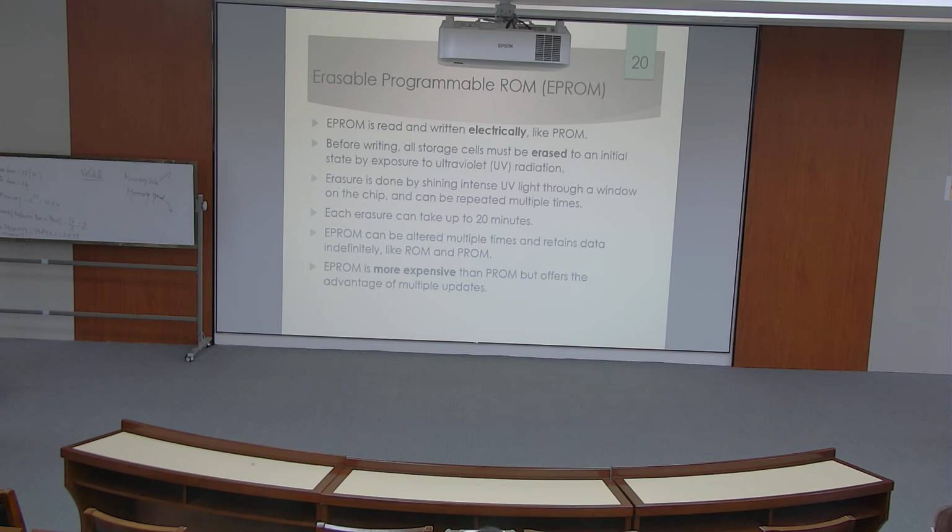Before writing to this type of memory, the storage cells need to be erased to initially have a clean space for the content. We have to use UV radiation, and the EPROM can be changed multiple times and retains data indefinitely. So this is a non-volatile memory.